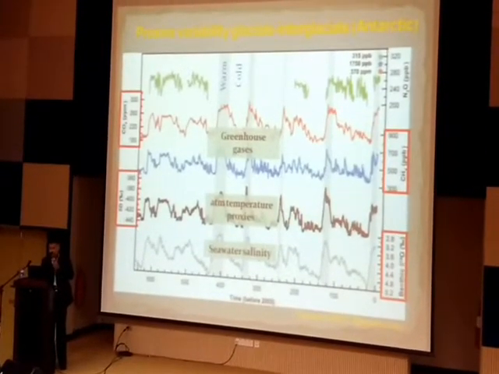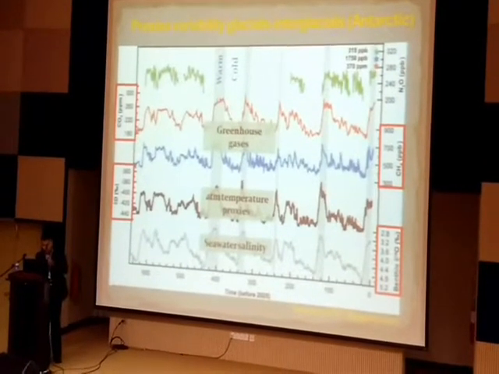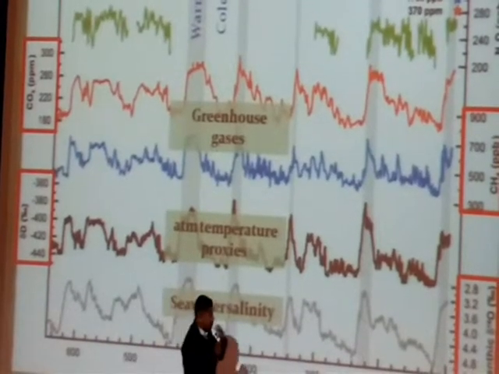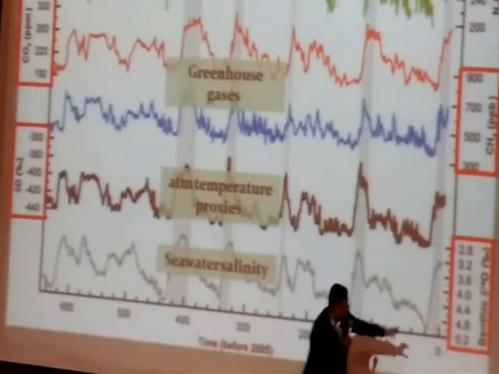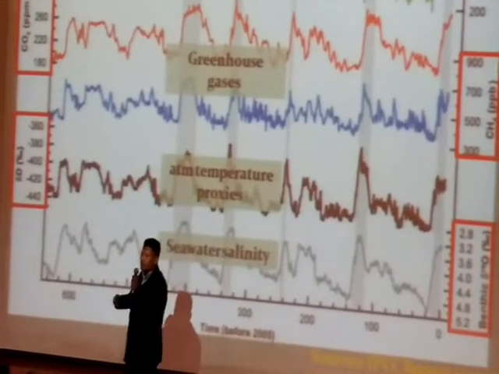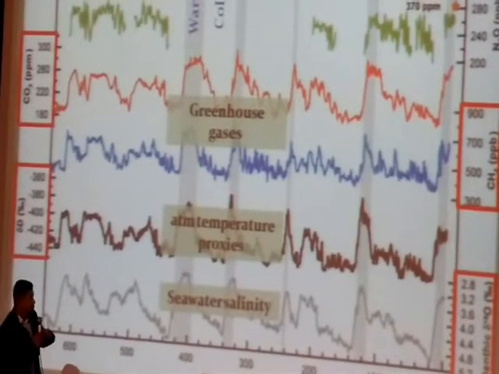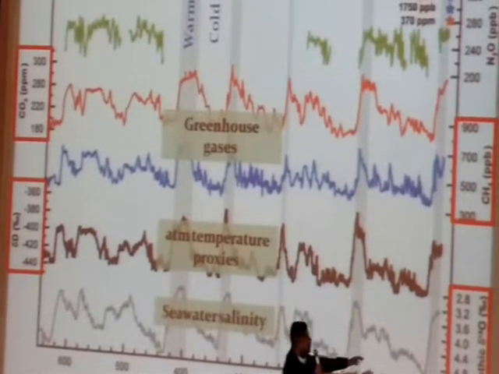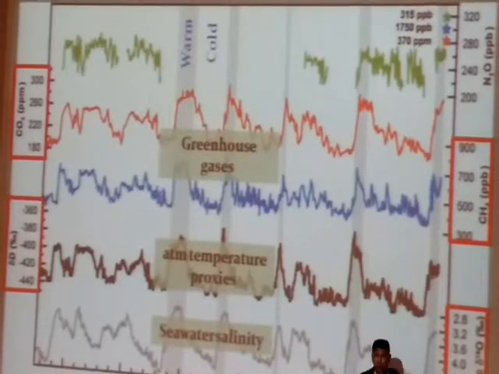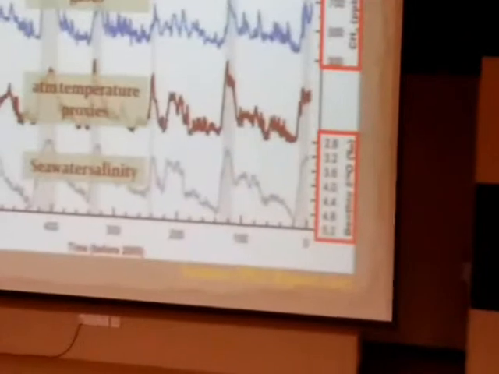And salinity decreases. Here, a more negative value shows fresher water. A smaller number here is fresher salinity, and a big number shows very high salinity.